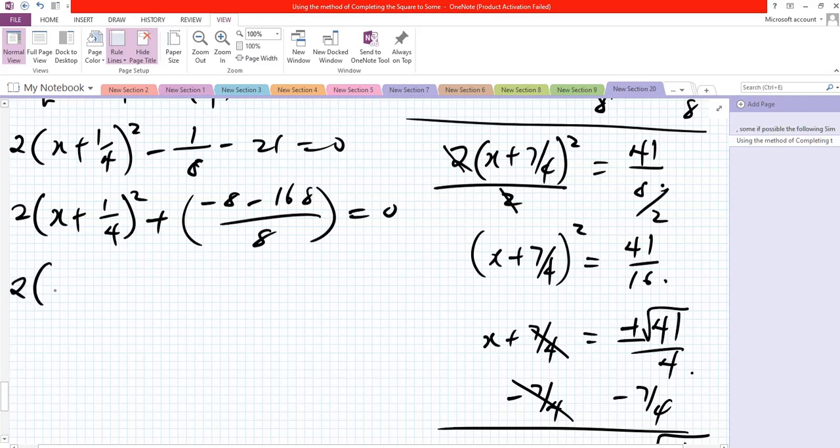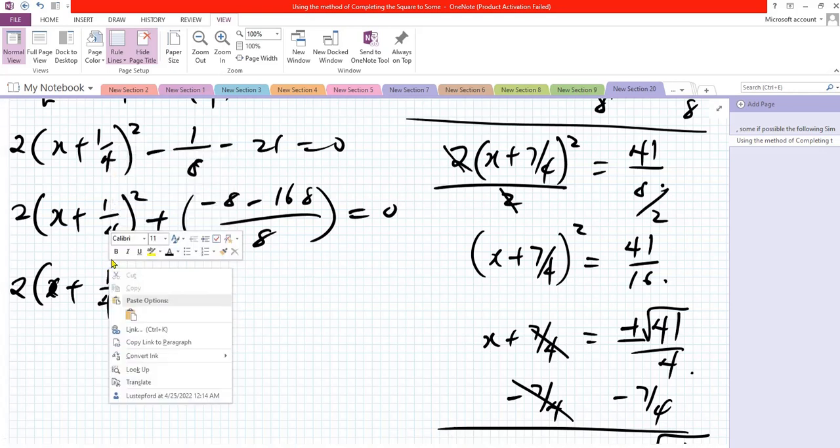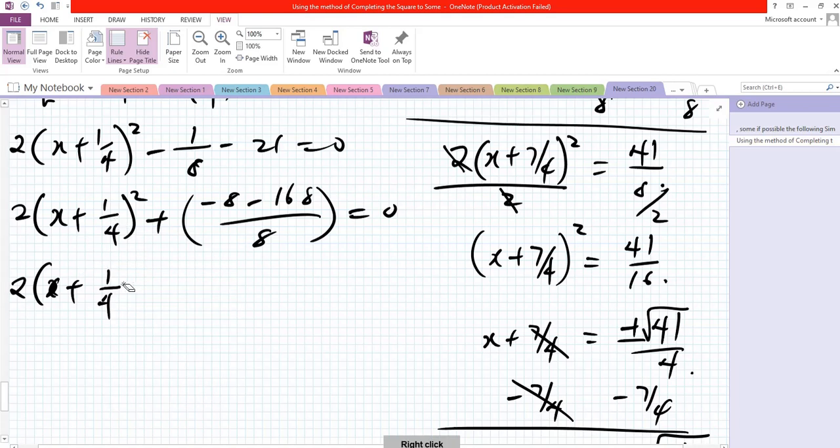Now you have 2 into x plus 1 over 4 all squared plus minus 8 minus 168 will give you minus 176 all over 8 is 0.